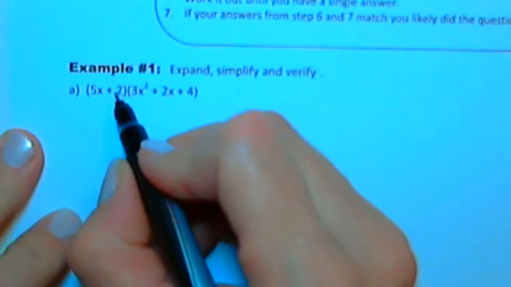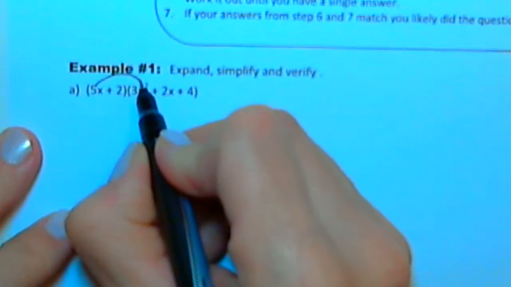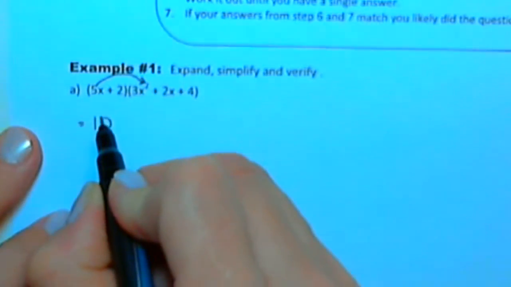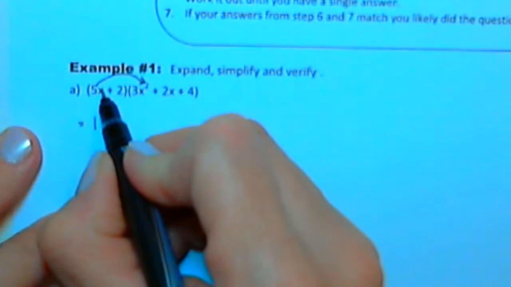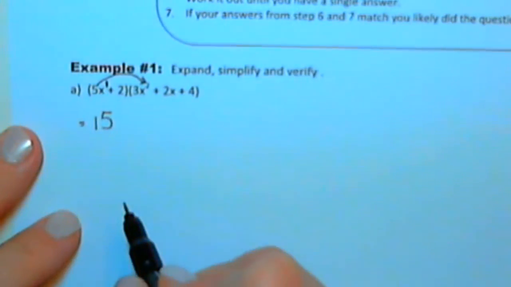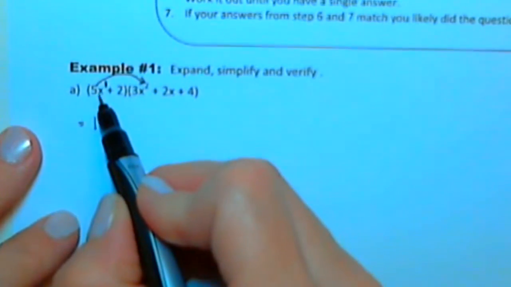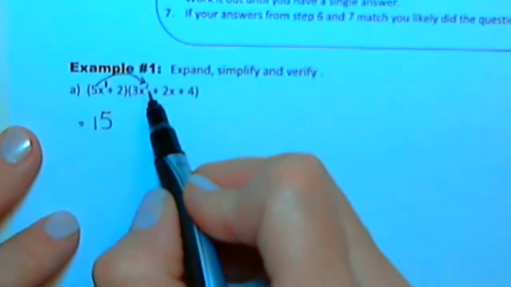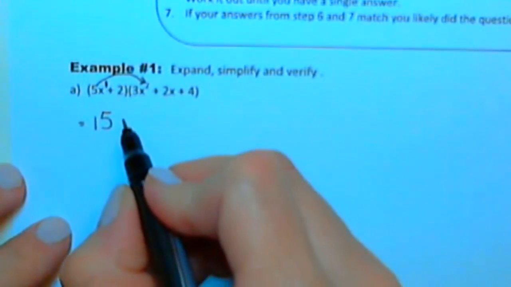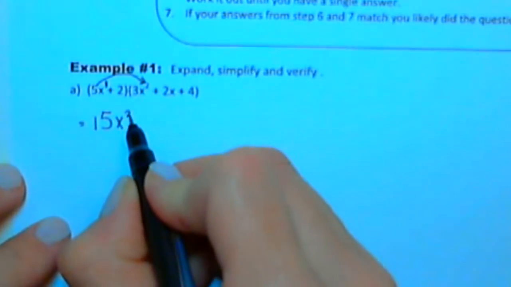So I'm first of all going to take this 5x and pass them out to the 3x squared. 5 times 3 is 15. Don't forget that right now this little x here has a tiny exponent of 1 that you can't see. When you multiply a 5x to the 1 times a 3x squared, you actually add the exponents. And so you're going to get 15x cubed.